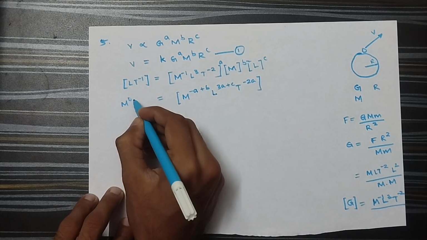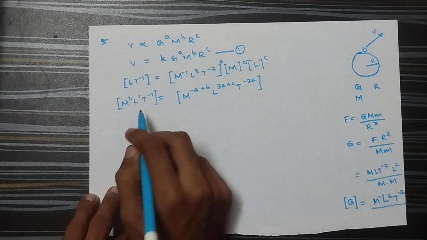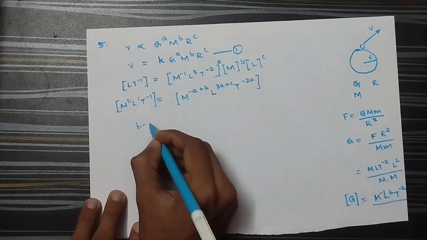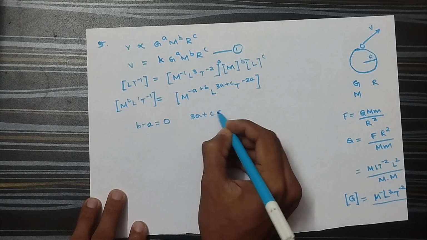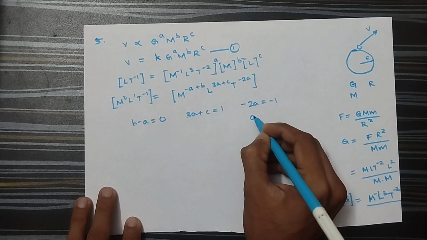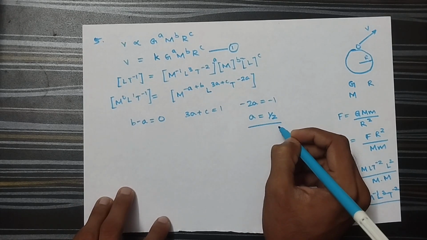Here we write M raised to 0, L1 t raised to minus 1. Now we equate the exponents. So b minus a is equal to 0, 3a plus c is equal to 1, minus 2a is equal to minus 1. Solving a first, because it has only one variable, a is equal to 1 by 2.